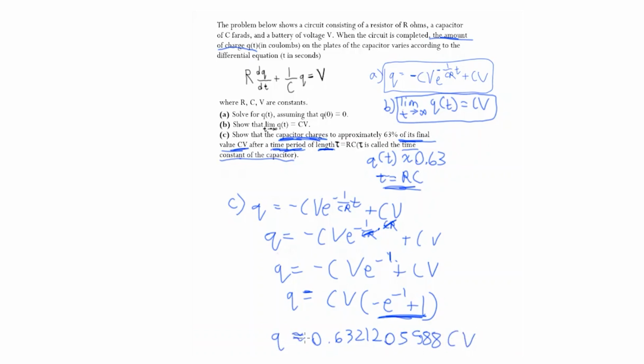So this is approximately 0.63. So yeah, we can say that when the time is equal to RC, then the capacitor does charge to around 63%. And so that's it for part C.